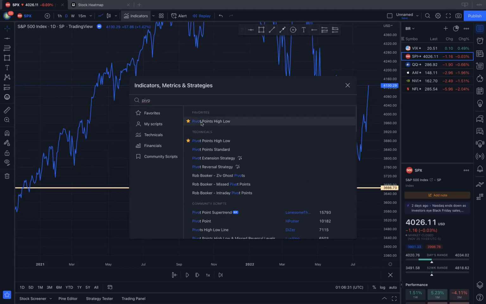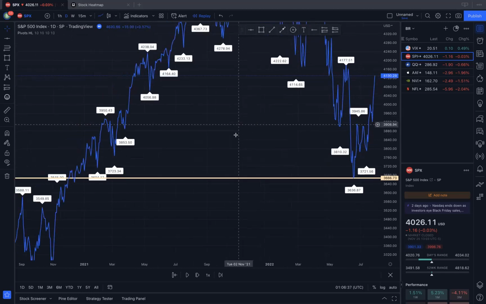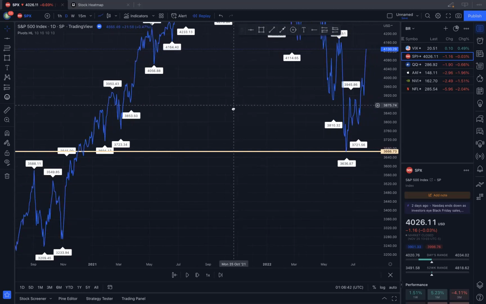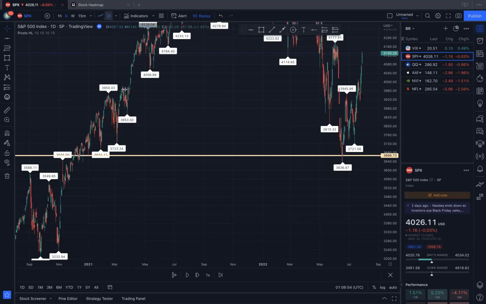this is an indicator that you can use and put on your charts, and this is what it will look like to help you identify pivot points more easily for yourself and just make it so you see them directly. Here is a pivot point because that's where the wick went.